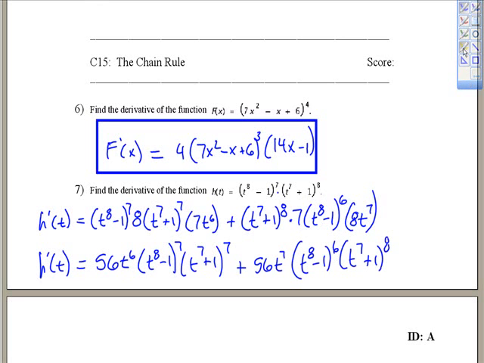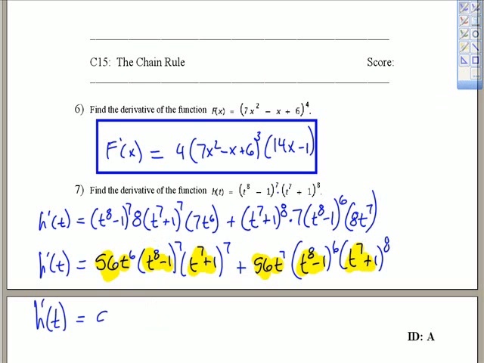There's some common factors here. The 56 is common. There's some values of t that are common here, t to the 6th and t to the 7th. I've got a t to the 8th minus 1 is common, and a t to the 7th plus 1 is common. So everything has a common factor somewhere in here. So let's see if we can pull out all those common factors and make this look a little simpler.